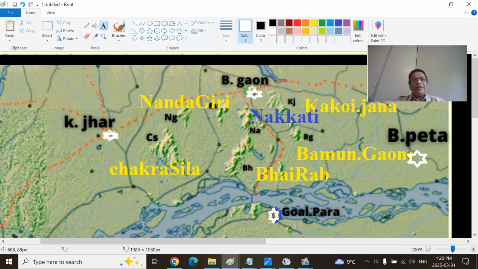West of the railway line is the Nandagiri hilly region, south of this railway track from Golakganj, Kokrajhar and Bongaigaon, and that is the Nakati mountain range and Bhairab mountain range. East of the railway line you can see the Kakoijana hilly region and Bamungaon hilly region.